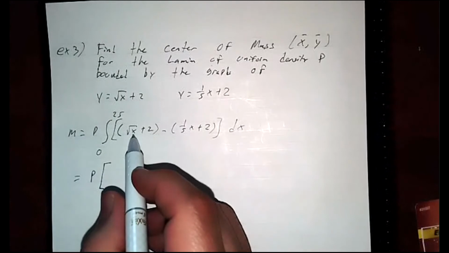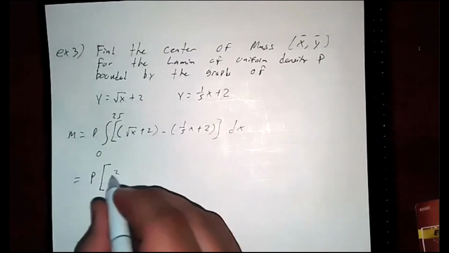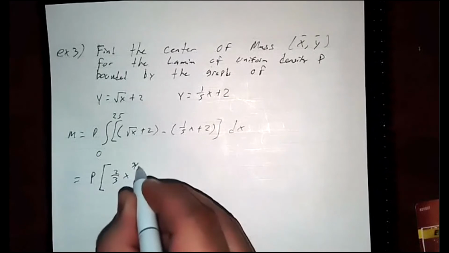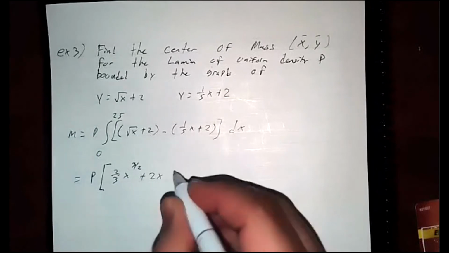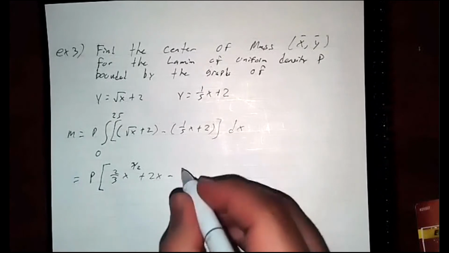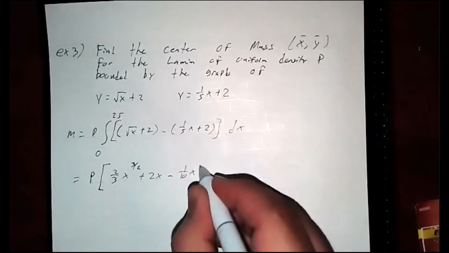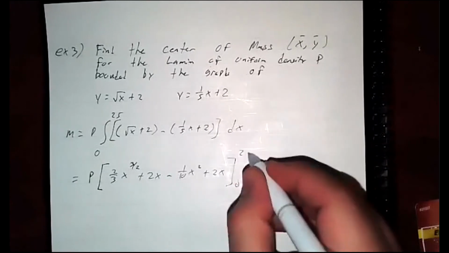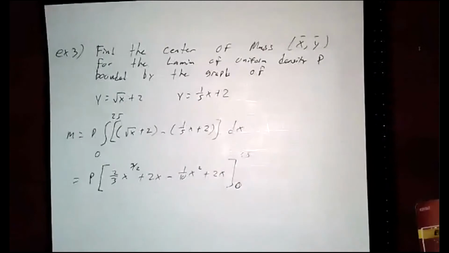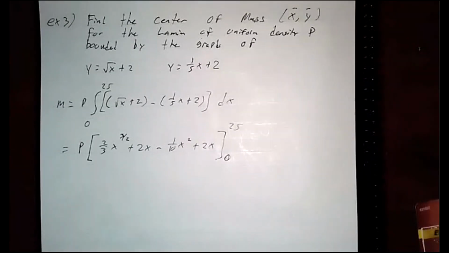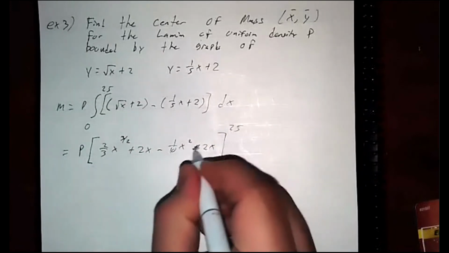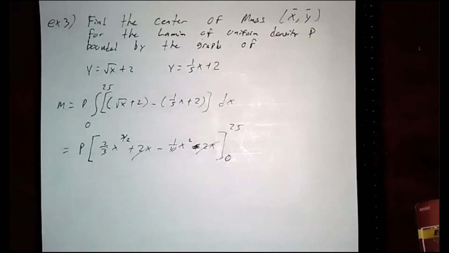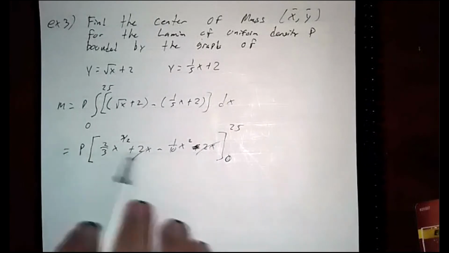Integral root x, that would be 2/3 x to the 3/2 plus 2x minus 1/10 x squared plus 2x from 0 to 25, right? That's what we saw from the graph. So, oops, that should be minus. These would cancel, right? So, plug it in, see what it is.